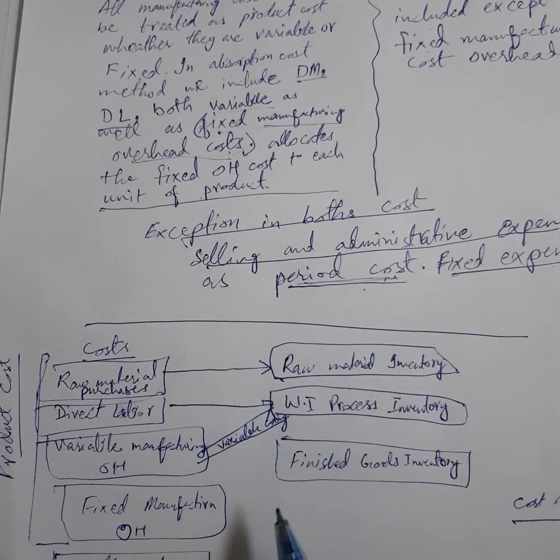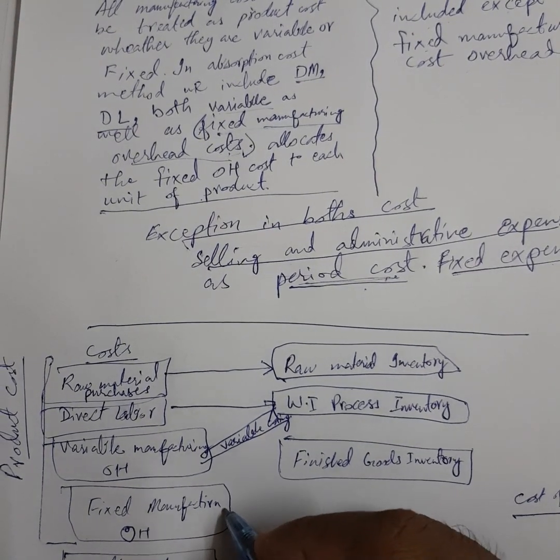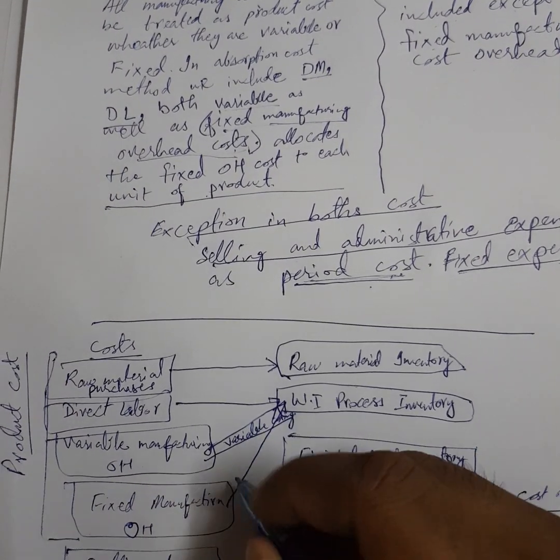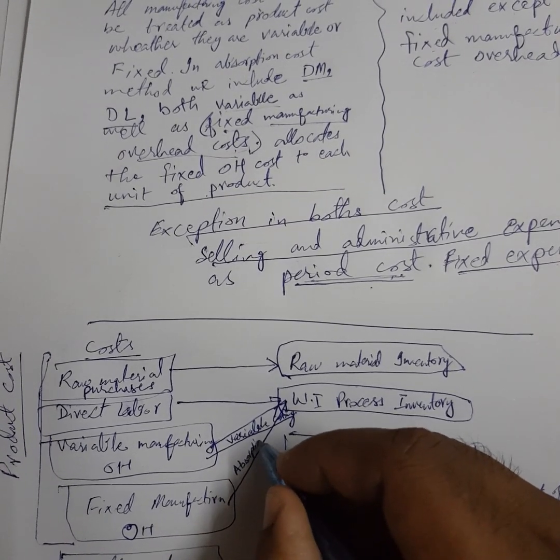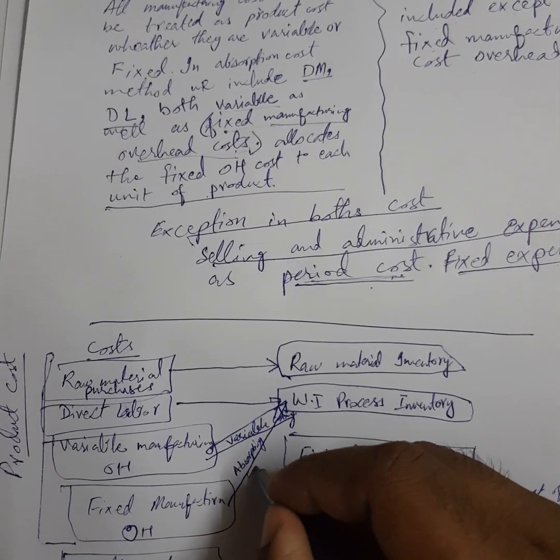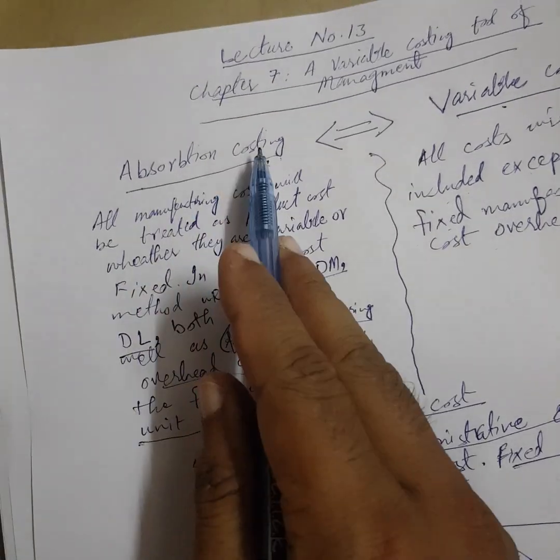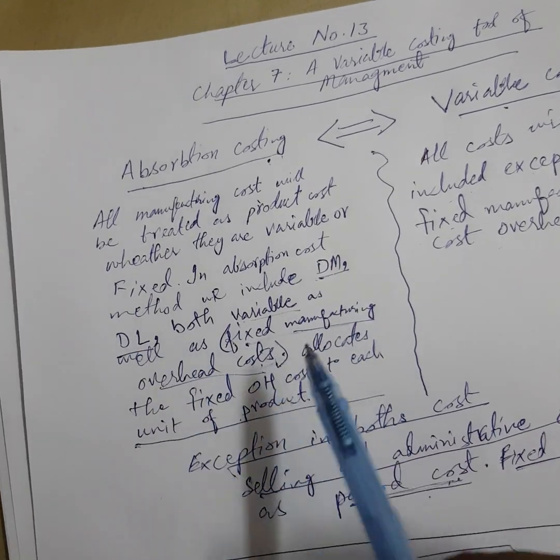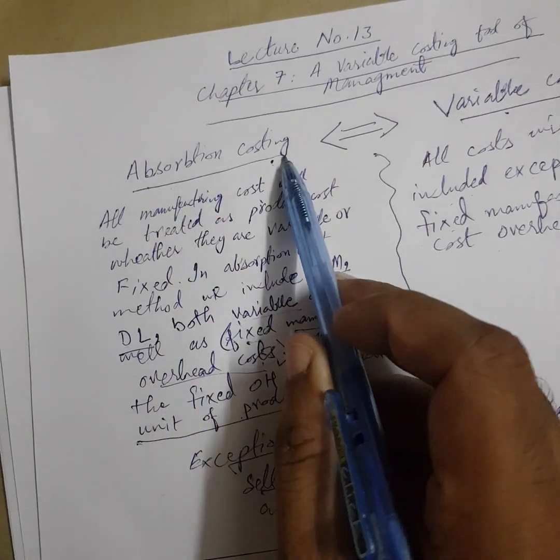Now if we include fixed manufacturing overhead, it will become absorption costing. Why? Because in absorption costing, all types of cost, whether they are direct material, direct labor, variable manufacturing or fixed manufacturing overhead, will be included.